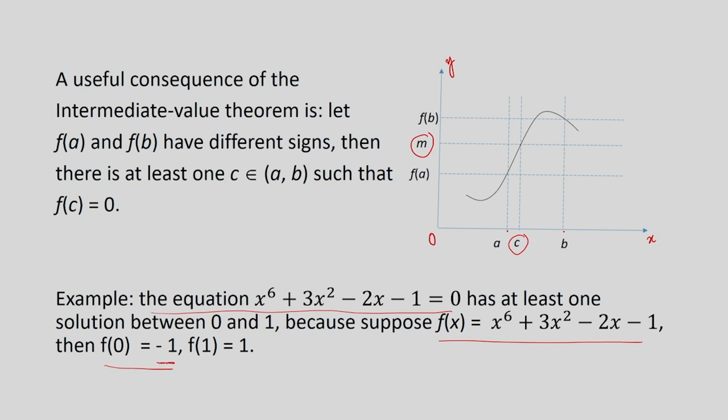And if you take f(1), it becomes 1. So, the value of the function goes from minus 1 to plus 1, therefore, there must be at least one solution between 0 and 1. This comes from the intermediate value theorem itself, because 0 lies between minus 1 and plus 1.